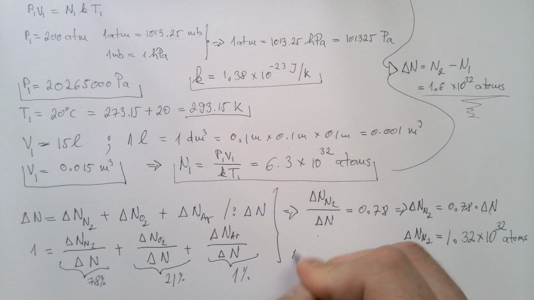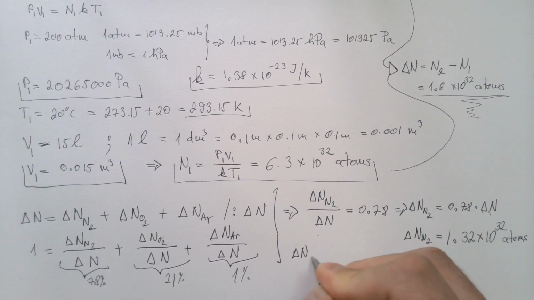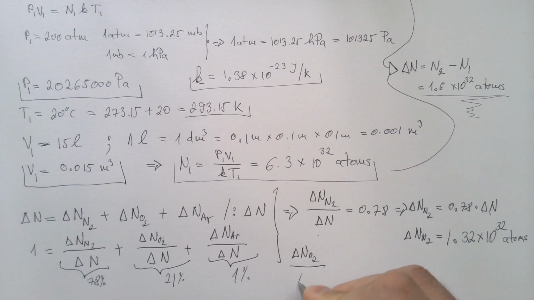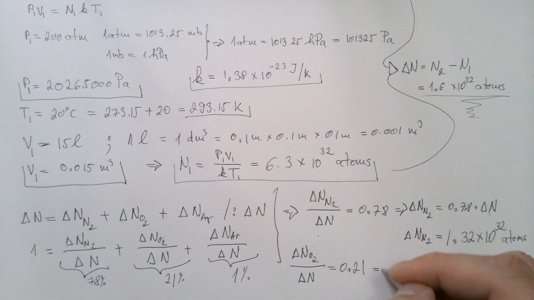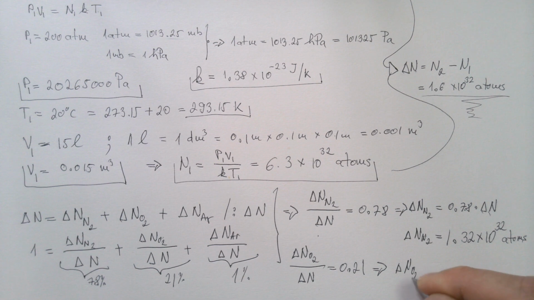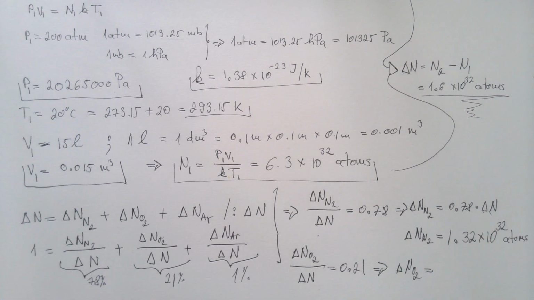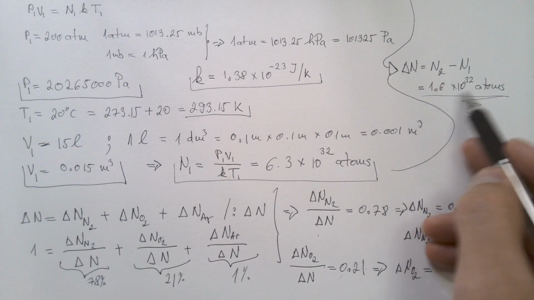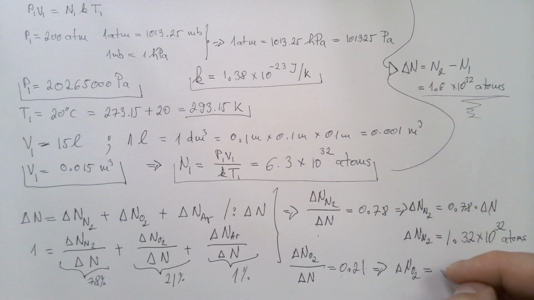Similarly, I can write that delta n for O2, oxygen, divided by delta n is equal to 0.21, 21%. So I get that delta n for O2 is therefore equal to 0.21 times this number, and I get that this is 3.31 times 10 to the power 31 atoms.